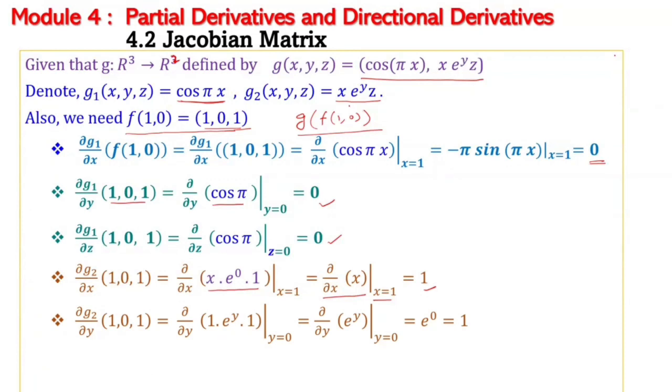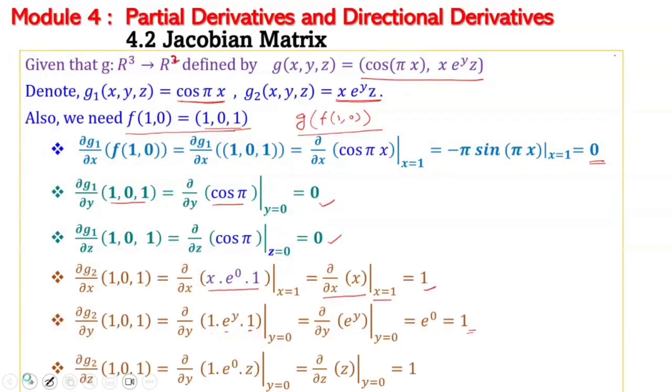Next we will take with respect to y. Then again from this part we have x is 1, y as it is, and this is 1. So the derivative with respect to y of e to the power y, where y equals 0, will become e to the power 0, which is equal to 1. And the last one is with respect to g.